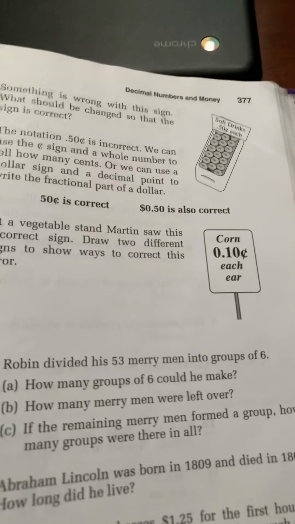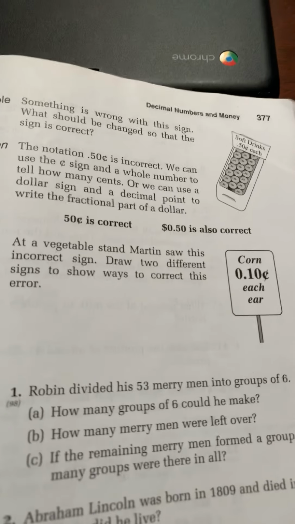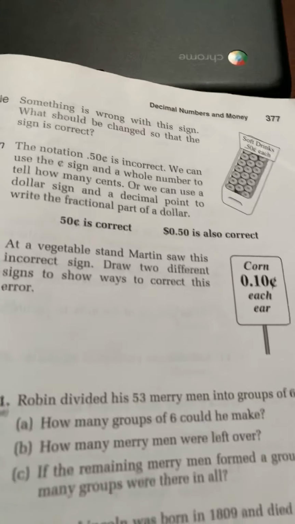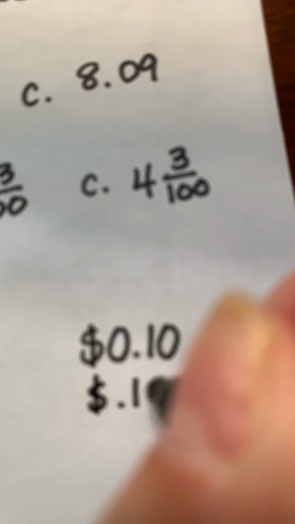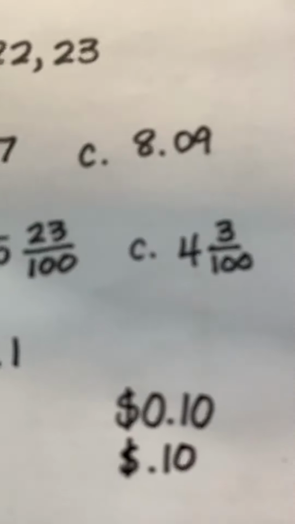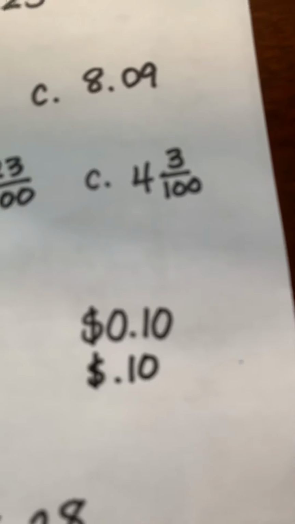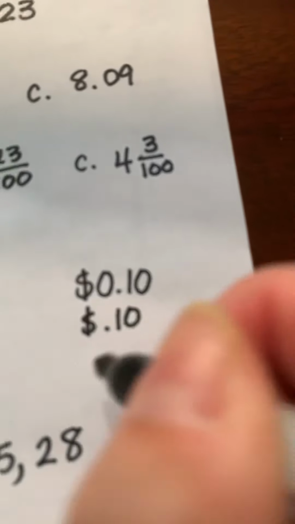So the two ways that you could write it would be, I'll bring it over here on my paper, dollar sign, decimal, and you don't have to put the 0. You could even put this for 10 cents, but a lot of times people put the decimal just to make sure that you know there's no dollars.